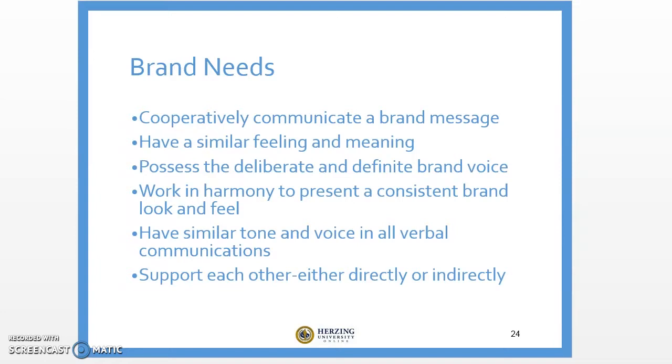Brand needs cooperatively communicate a brand message. They have a similar feeling and meaning, and possess a deliberate and definite brand voice. They work in harmony to present a consistent brand look and feel. They have similar tone and voice in all verbal communications and support each other either directly or indirectly.